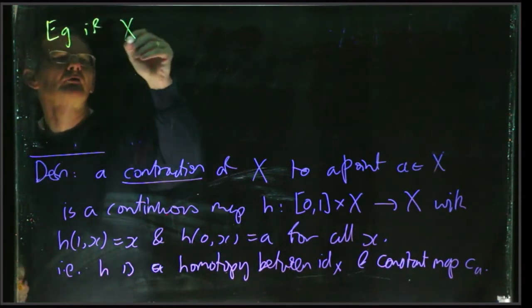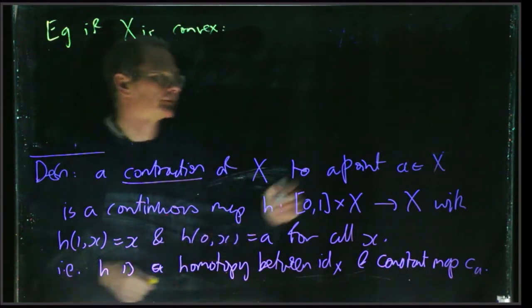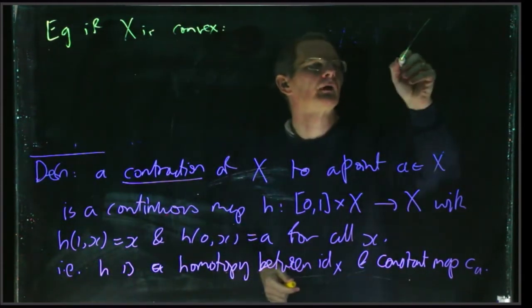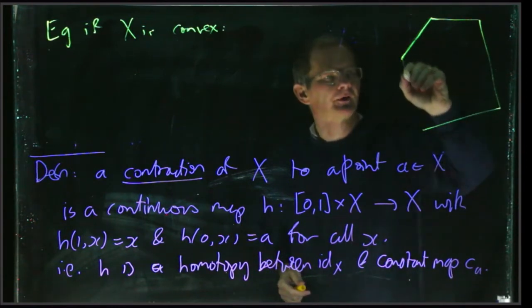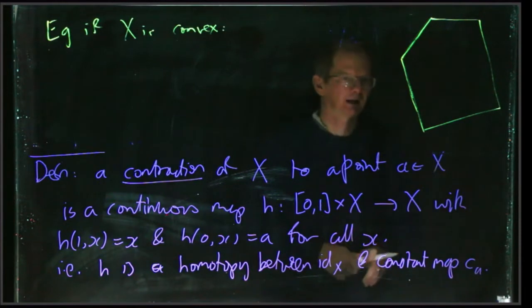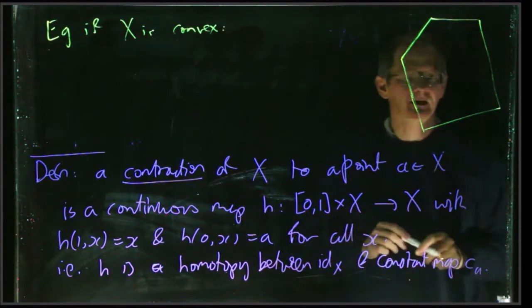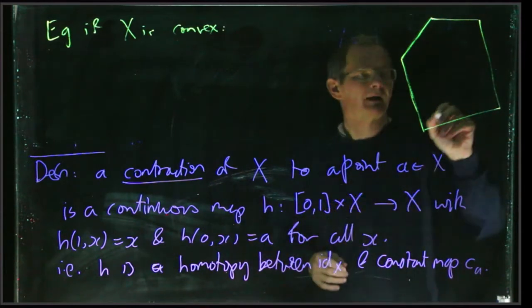If X is convex, so remember what convex means, this is a typical convex space here, it has the property that for any line segment with two ends lying in your space X, the whole line segment is contained within X.